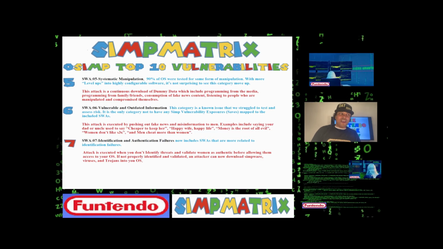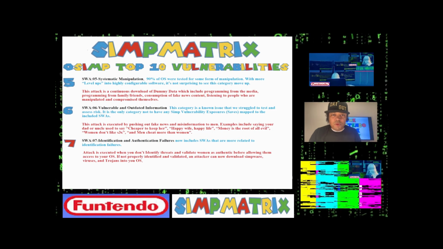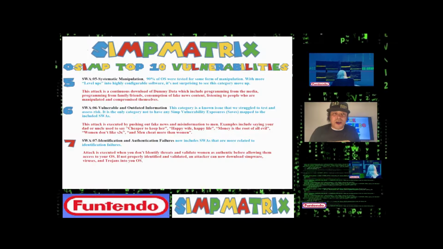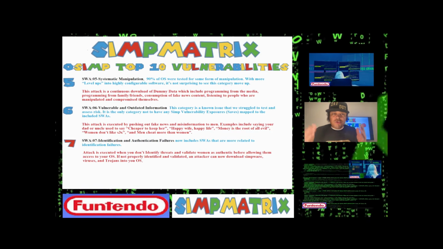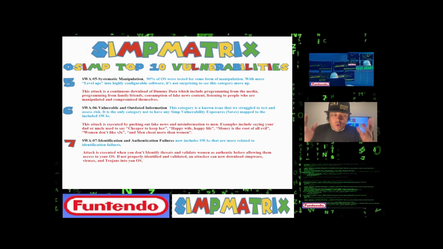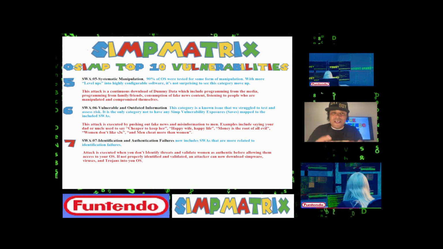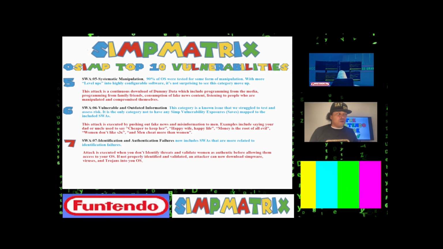Happy wife, happy life. This is important, people. If you get your information from bad sources, then you yourself are compromised. You don't want your OS to turn into an SOS, because when you turn from an OS to an SOS, now you really need help.